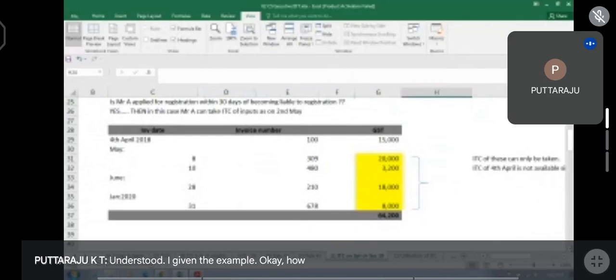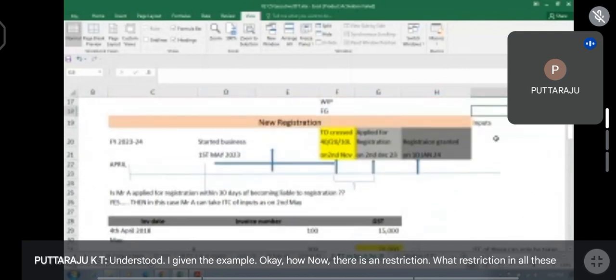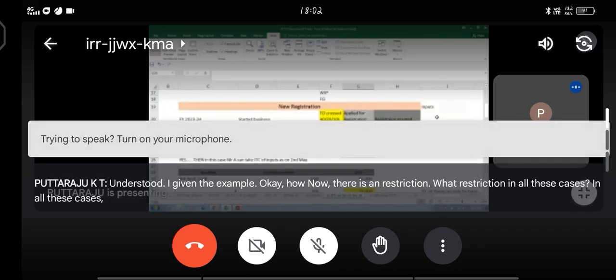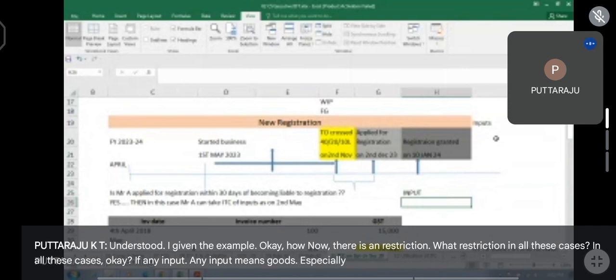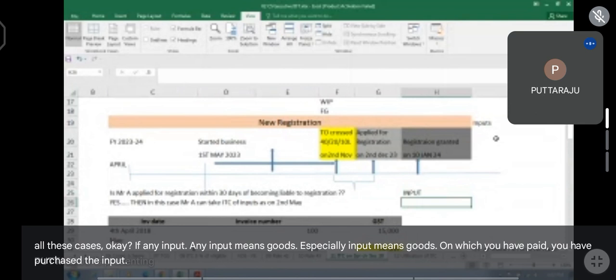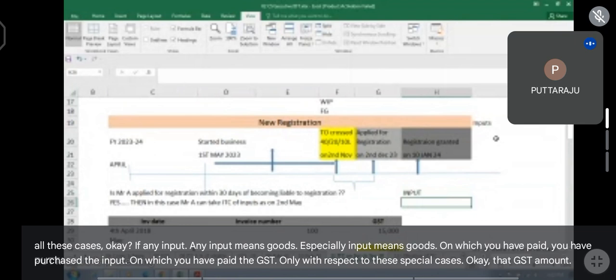Now there is a restriction. What restriction? In all these cases, okay, if any input means goods, especially input means goods, on which you have purchased the input, on which you have paid the GST, only with respect to these special cases, that GST amount you can take credit.